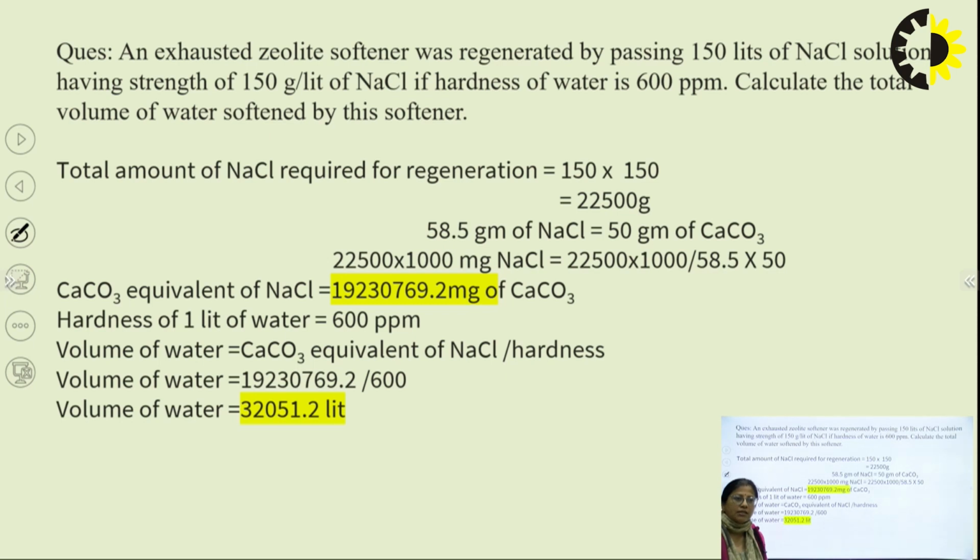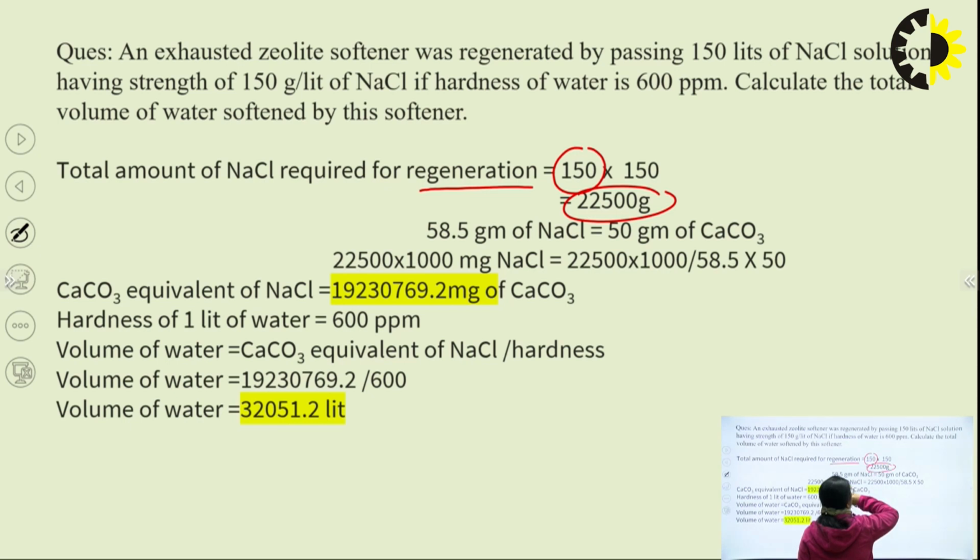this zeolite softener. So, again the total amount of NaCl which was required for regeneration is per liter how much NaCl was taken and how many liters of such NaCl solution we had to use for the regeneration. So, this is the total amount of NaCl which was dissolved in water.